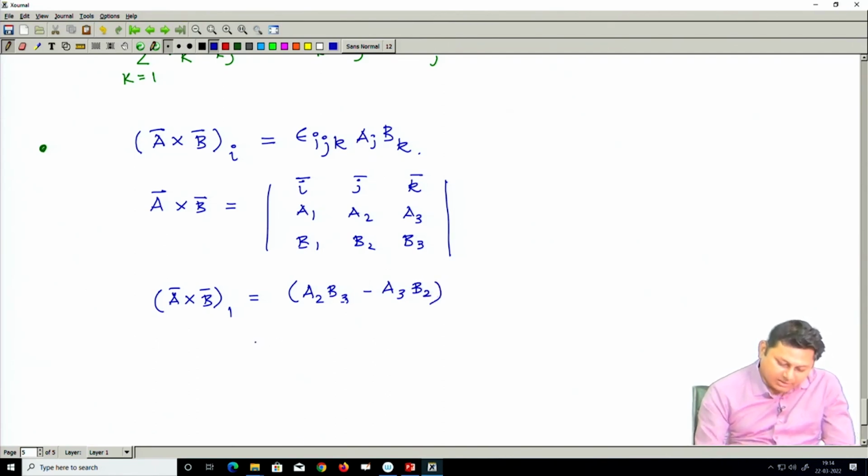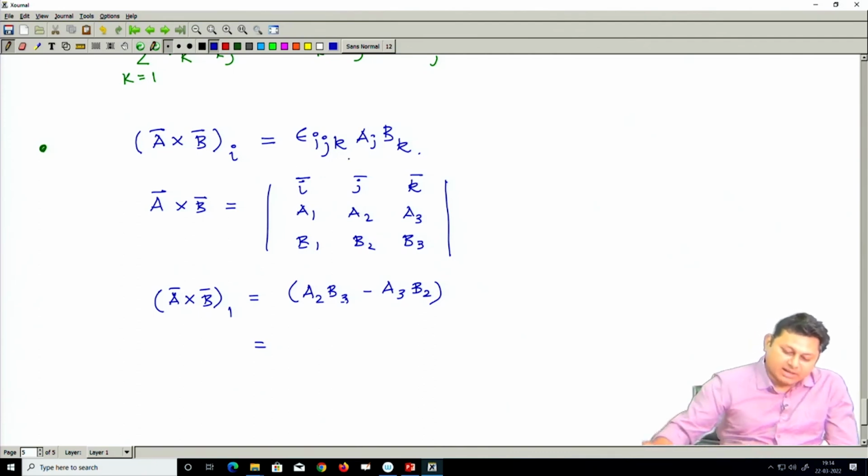Now, if I write in terms of these symbols, you can see that j and k are repeated. That means the summation sign is already there, so I am just removing this summation sign. j and k repeating means you are changing j and k from 1 to 3 and 1 to 3.